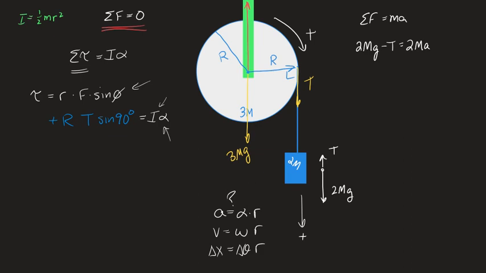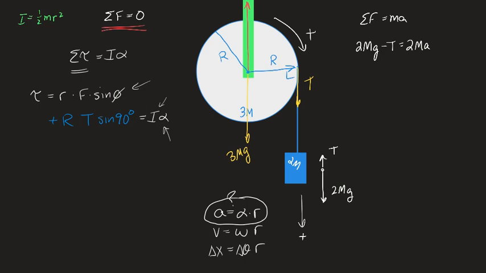So if that's true, then I have a way to transform this from angular acceleration to linear acceleration. Or if I want, from linear acceleration to angular acceleration. Read your problem and determine, do you want the acceleration of the box or the acceleration of the pulley? Now I'm going to pick one.